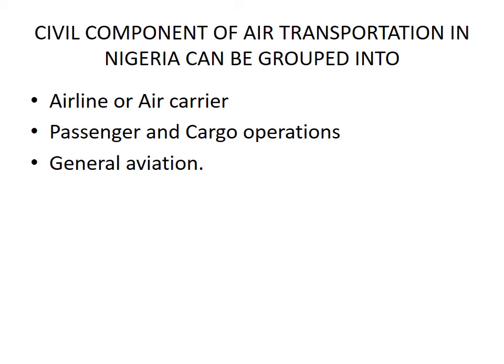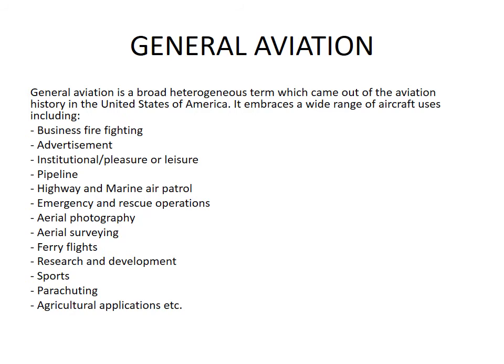The civil component of air transportation in Nigeria can be grouped into airline or air carrier, passenger or cargo operations, and general aviation. General aviation is what I'm going to discuss now.